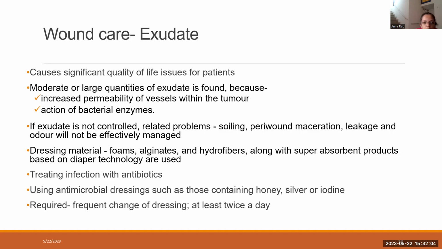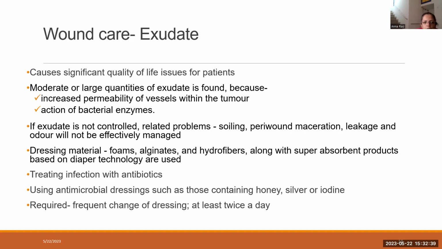And moderate or large quantities of exudates are found mainly because of how many vessels are affected by the tumor cells, and how much the permeability is. As it increases, naturally a large amount of exudate will come out, and of course the action of the bacteria at the local level, right? They will also release a lot of problems.